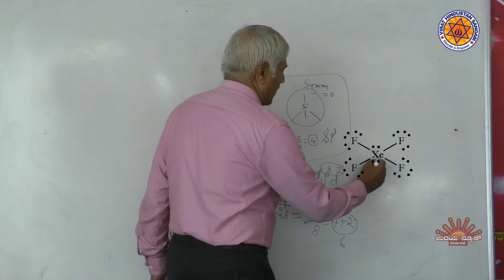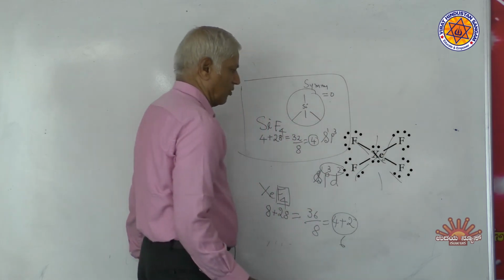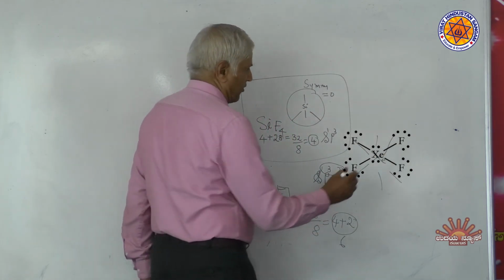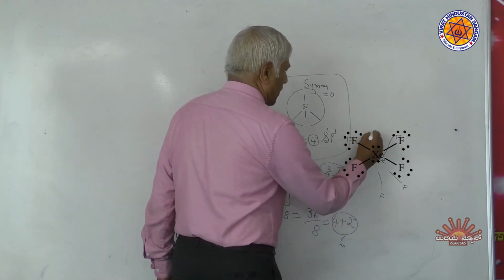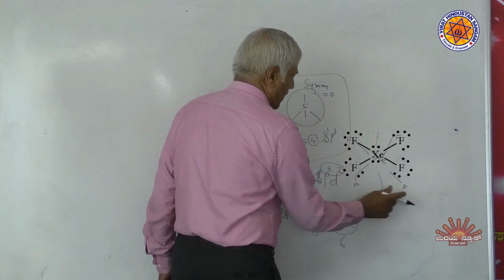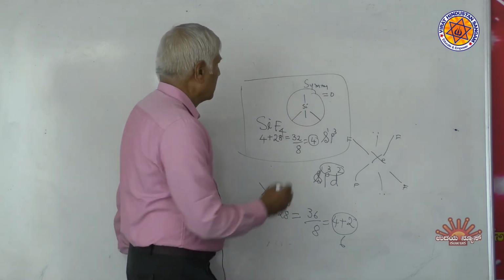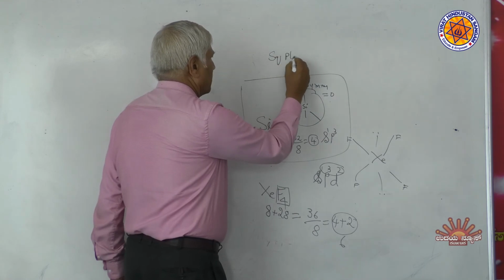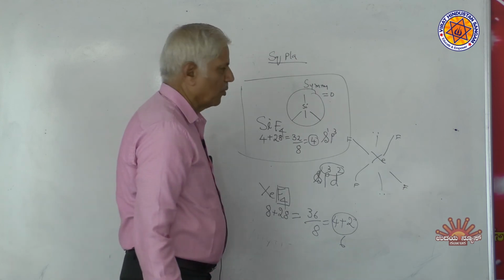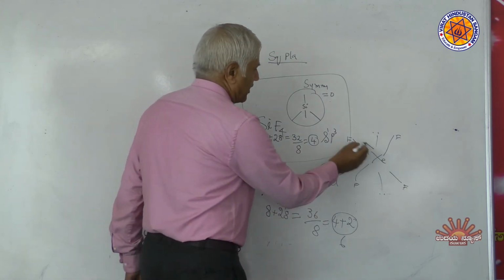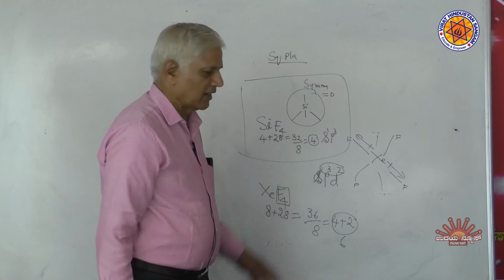Therefore, xenon should be like this. 6 orbitals are formed, out of which only 4 are filled. We have only 4 fluorine atoms to accommodate valence electrons. So xenon tetrafluoride is a square planar molecule. Square planar molecules are also symmetric. Their net dipole moment is 0 because dipole moments are exactly equal and opposite.